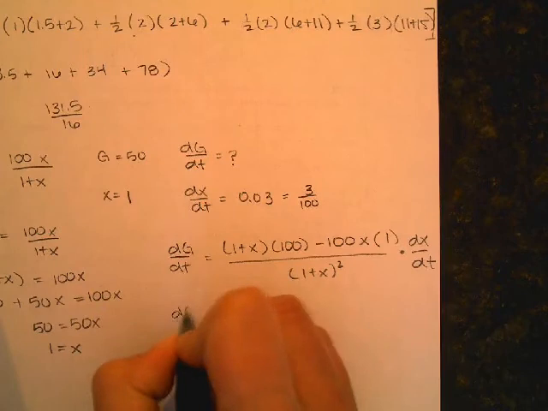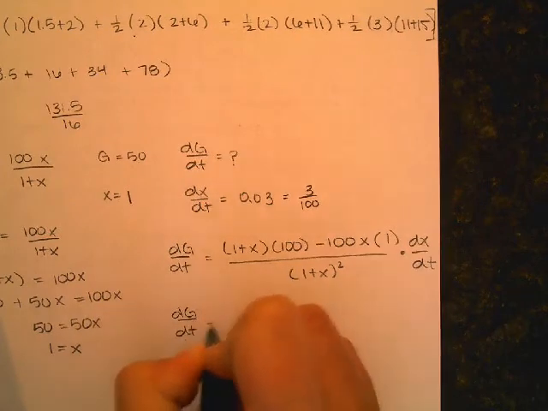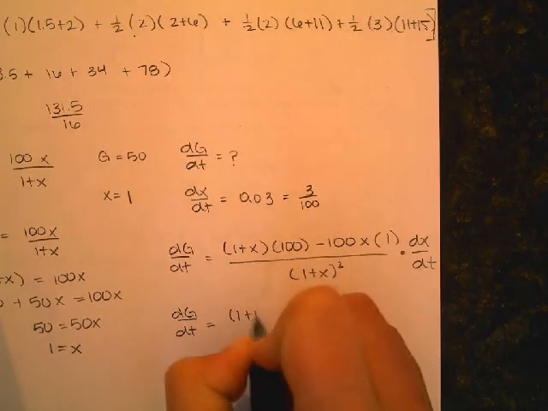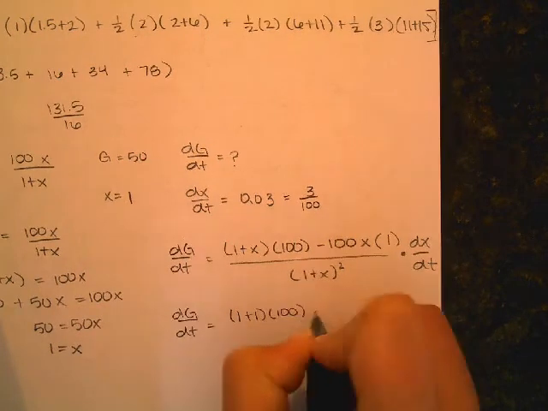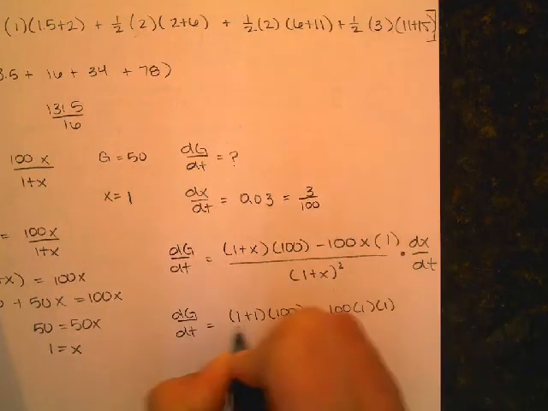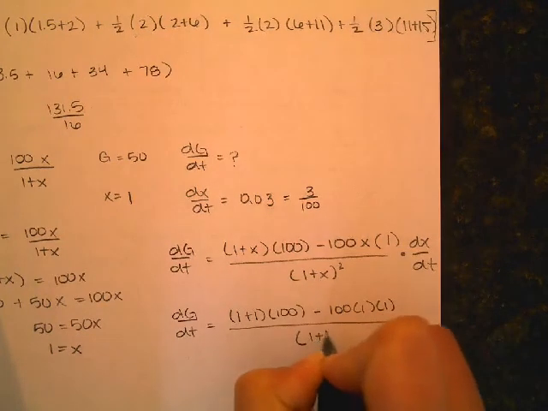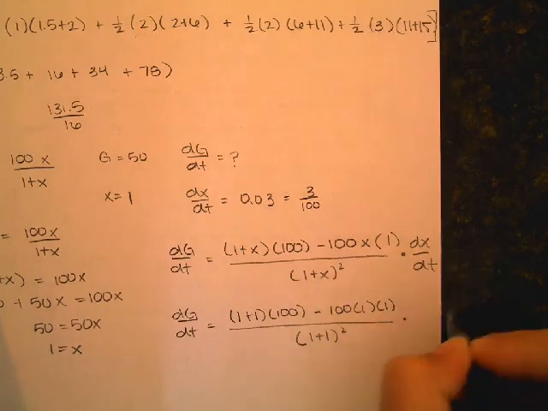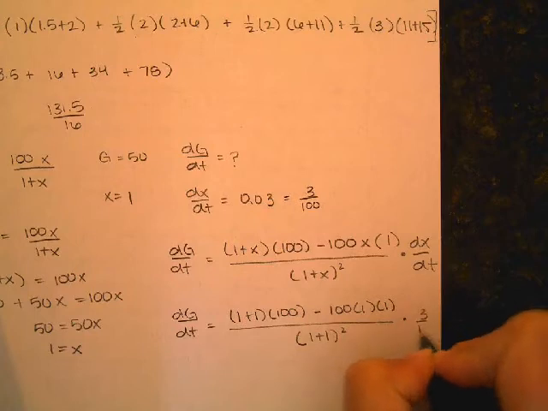Okay, so dg dt is 1 plus 1 times 100 minus 100 times 1 times 1 over 1 plus 1 squared, and that's being multiplied by 3 over 100.